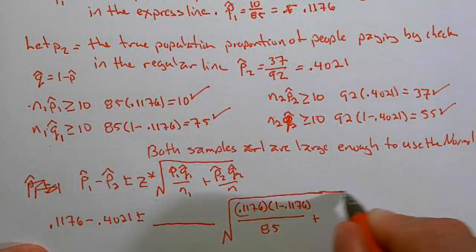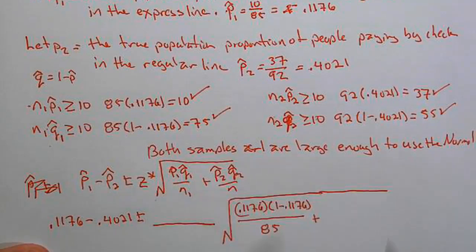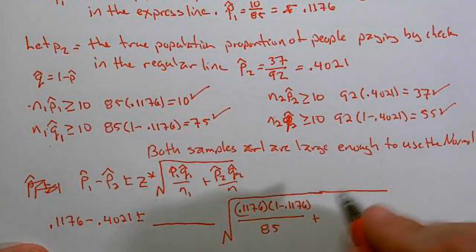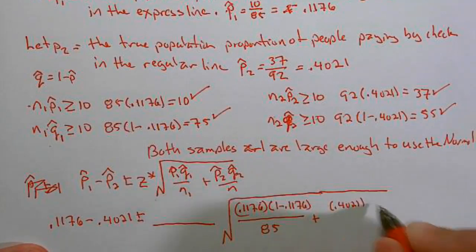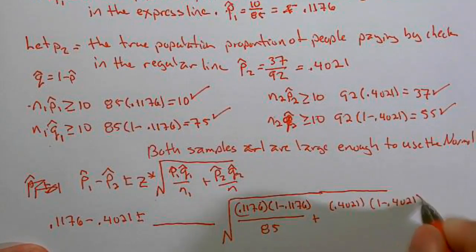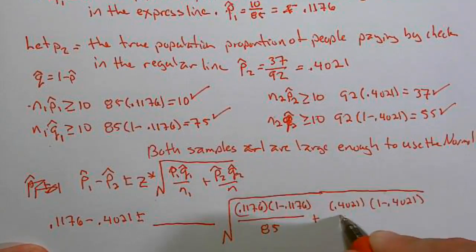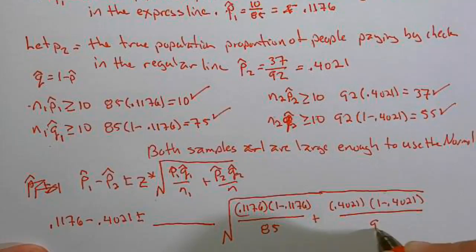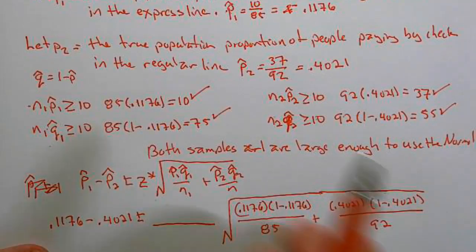Plus a big radical: 0.4021 times 1 minus 0.4021 over 92. So that's our equation, but we need to go back and calculate Z star.